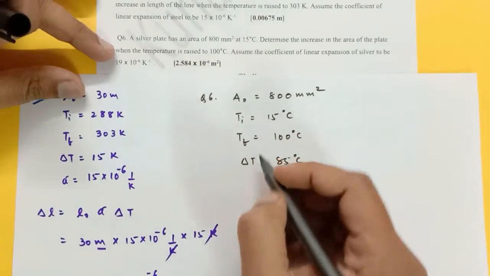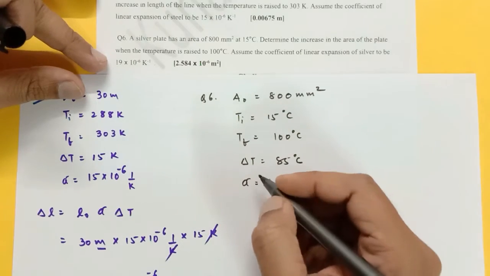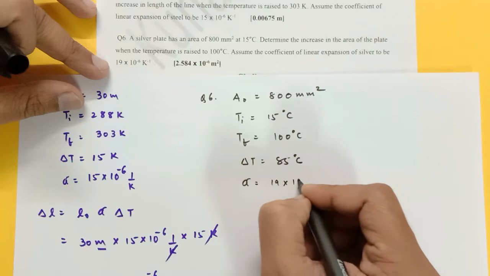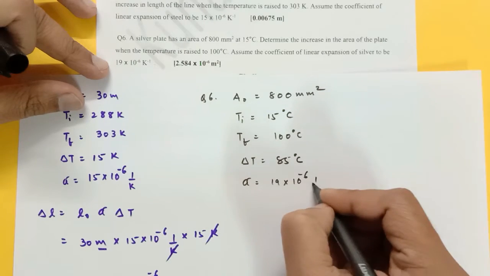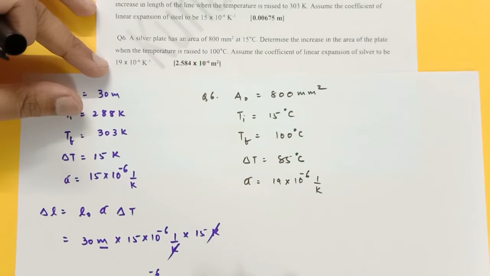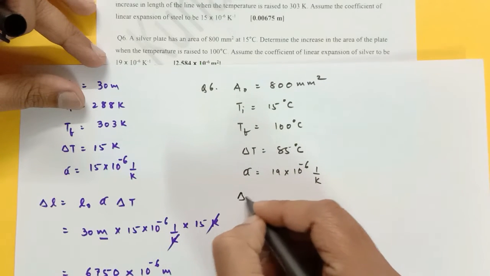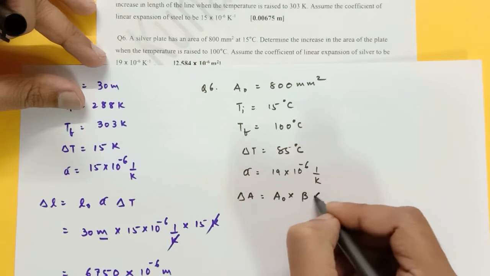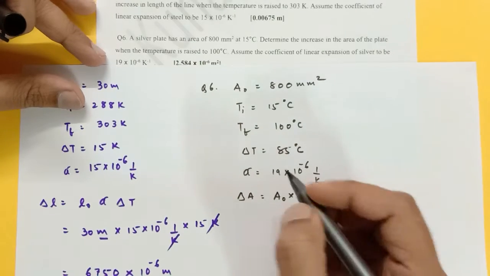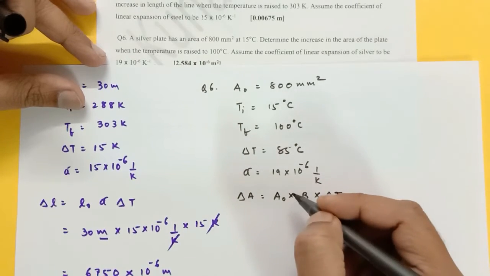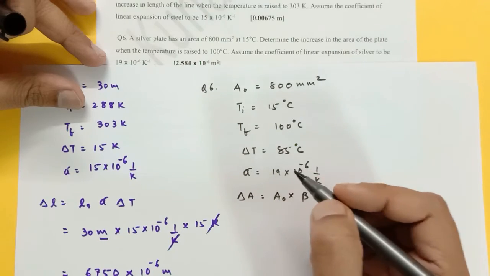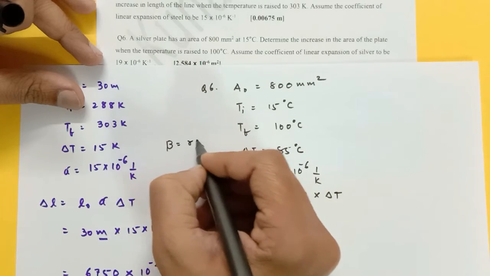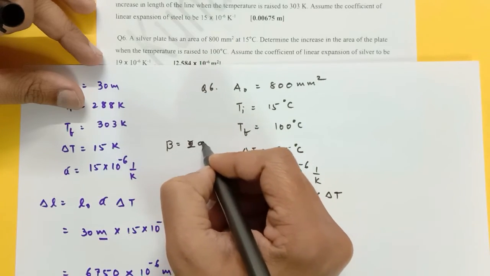And coefficient of linear expansion is 19 into 10 raised to minus 6, 1 upon Kelvin, and we are supposed to find out the increase in the area delta A. So we know that delta A is equal to A0 into beta into delta T, but the problem here is we are not given what is beta, but we are anyhow given the value of alpha, and we have already learned that beta is twice of alpha.